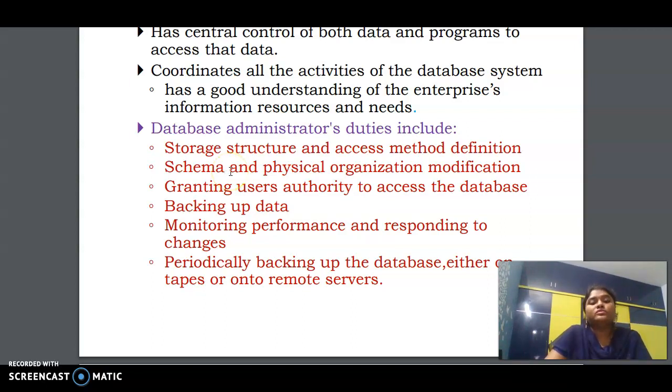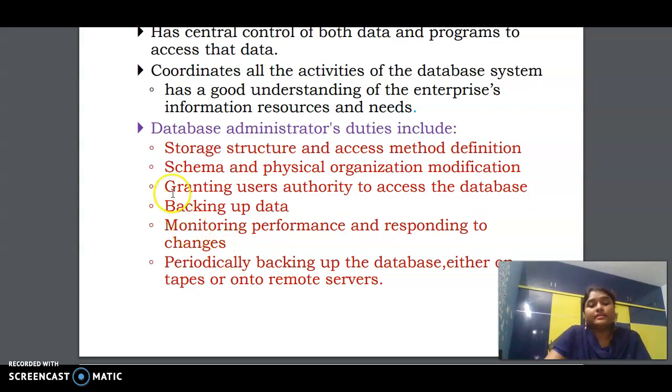He sits among all the other persons, and his part is also a main part in designing the schema. Just as when we build a house, a blueprint is needed. In the same way, in order to design a database, first a schema is needed, right? And physical organization modification. If there are any changes in the storage, or any changes to be done at the physical level, he plays a major role.